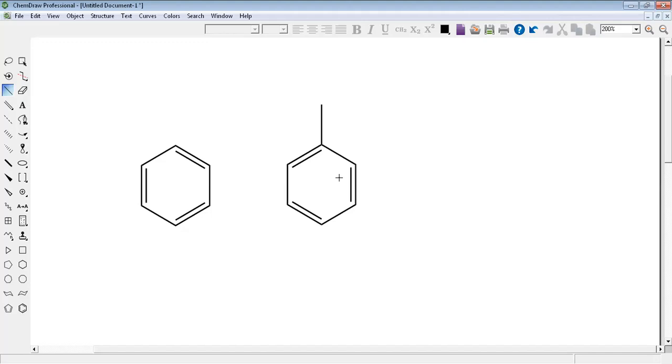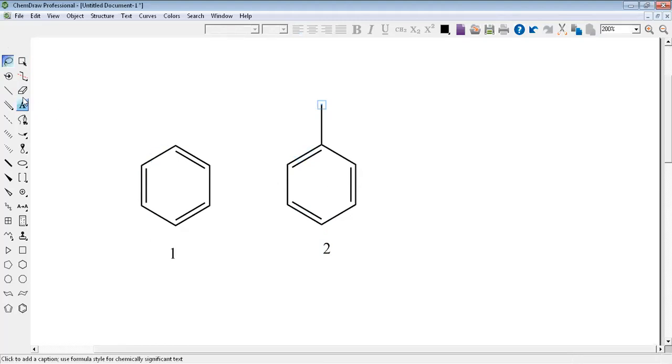The right one, number 2. Why? Because the methyl group, the alkyl group, donates electron density to the benzene ring, making the benzene ring higher in electron density.